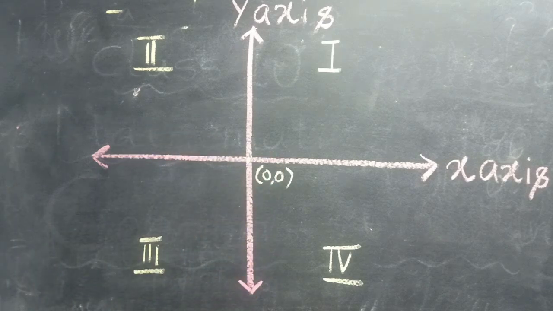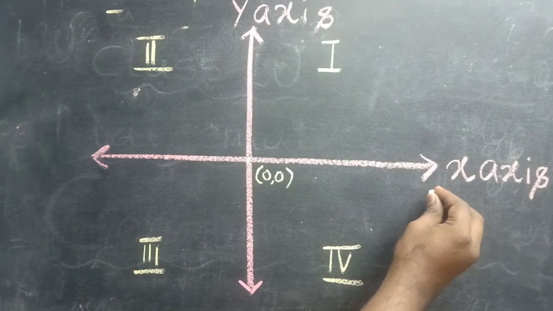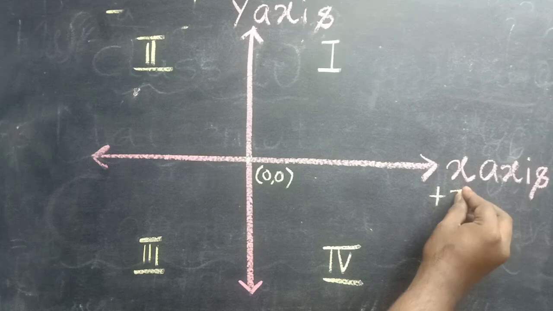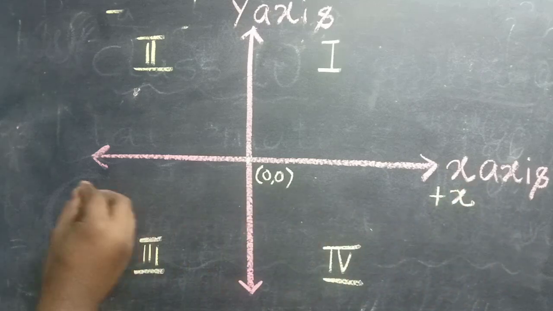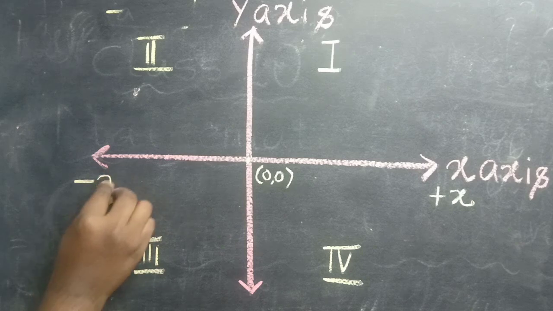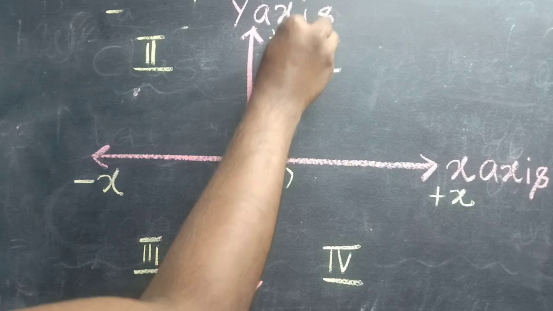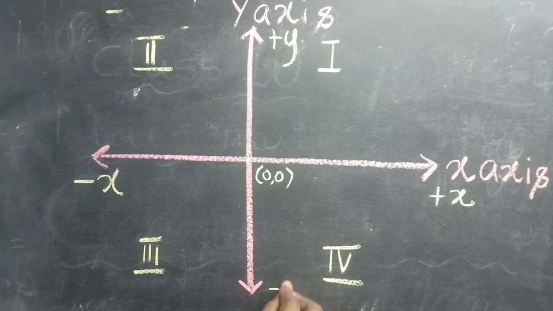Then on the right side of the origin we call that the positive x-axis. On the left from the origin we call that the negative x-axis. In the same way, we have the positive y-axis and the negative y-axis.